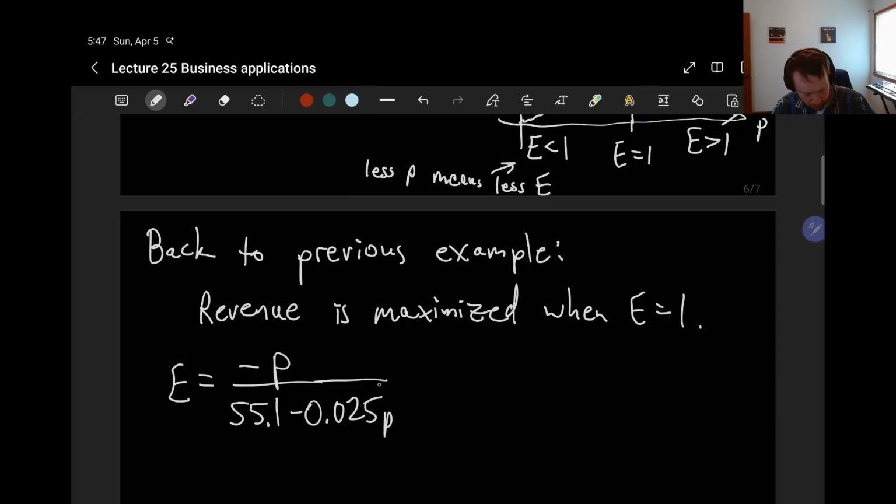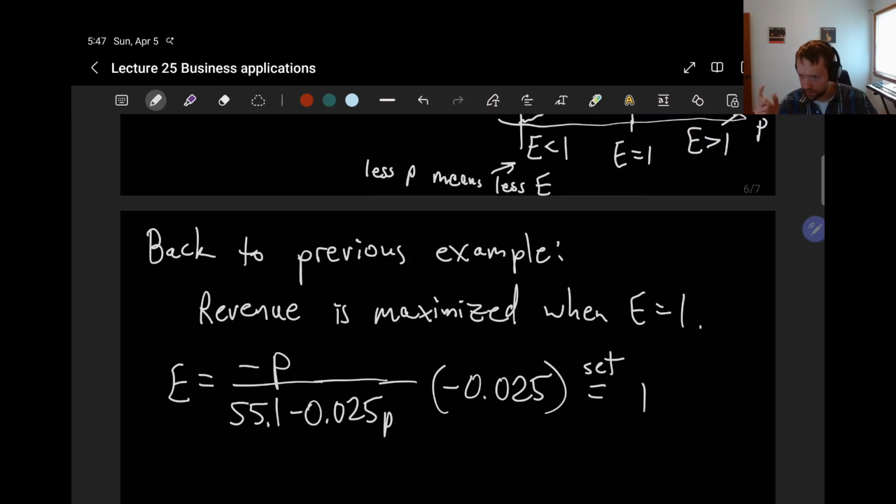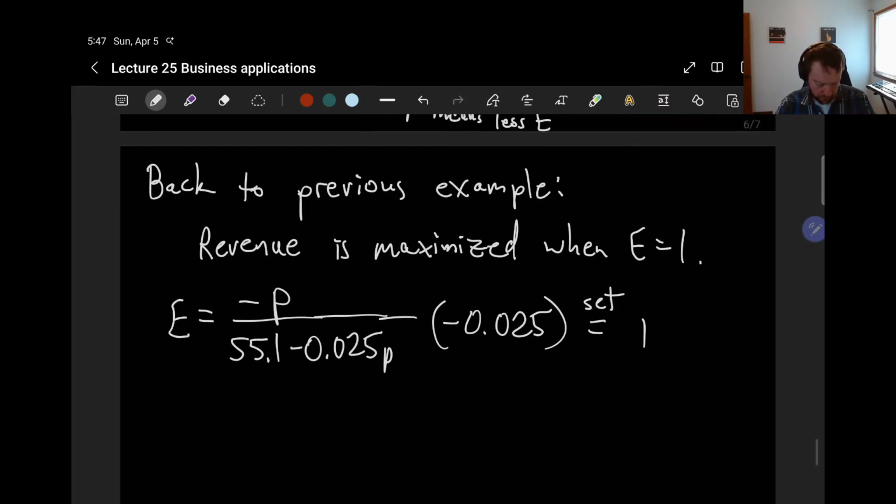This was our general formula for E, and times this negative here. Well, I want to set this equal to 1 so that I can find our price, which will give us the most revenue. And so then we solve for p.